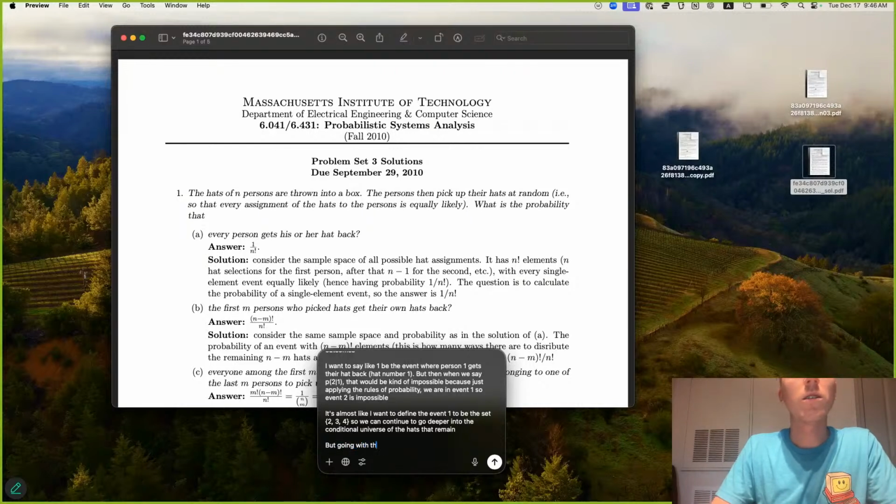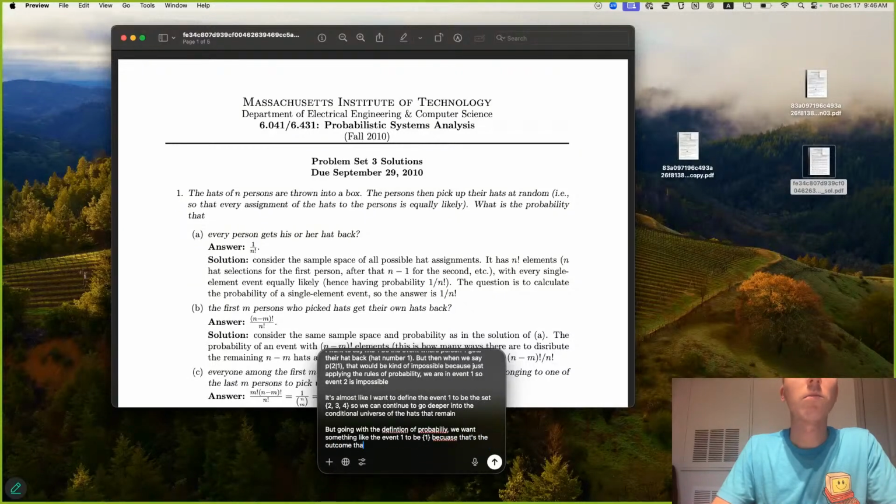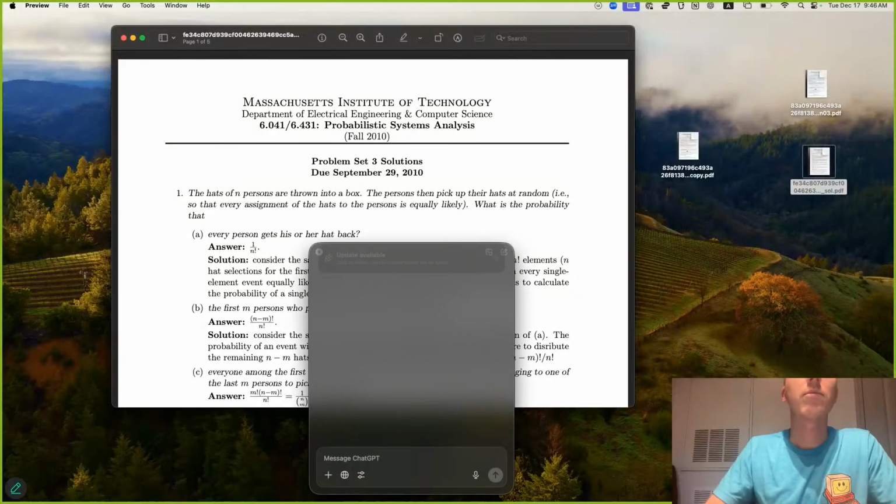But going with the definition of probability, we want the event 1 to be 1, because that's the outcome that we want in the event. So these two things are at odds. Can you help me reconcile them?